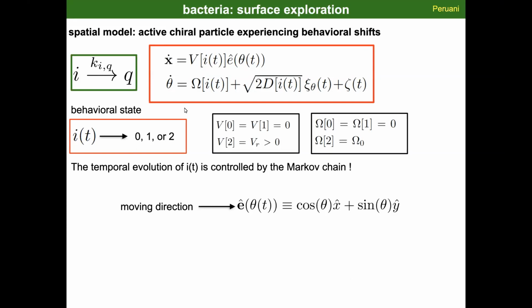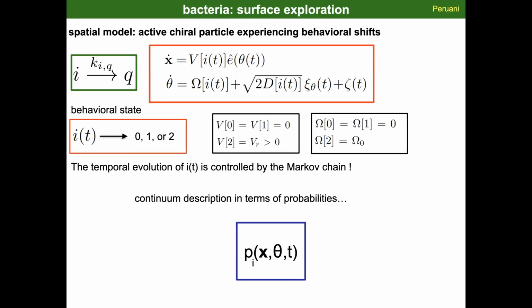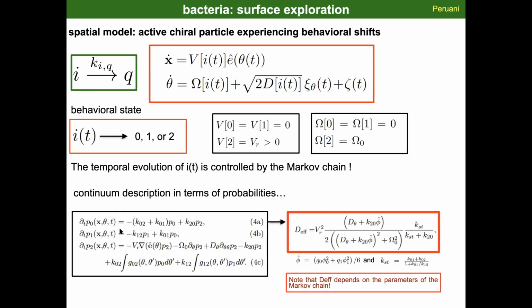This looks kind of complicated, but the good news is that one can describe what happens with this system in terms of probabilities. This is the probability of finding the bacterium in behavioral state i, in position x with orientation theta at time t, moving in direction theta at time t. So if you take all that into account, you can write down equations for these probabilities.